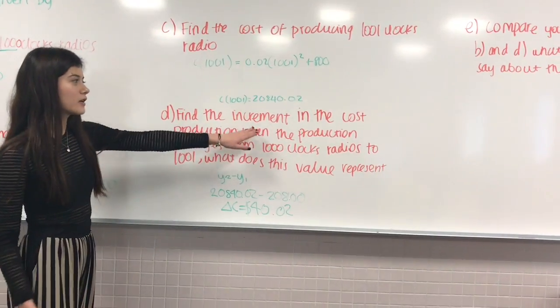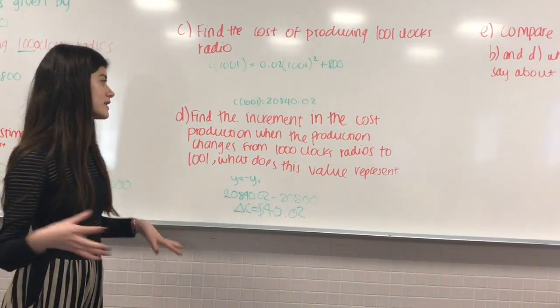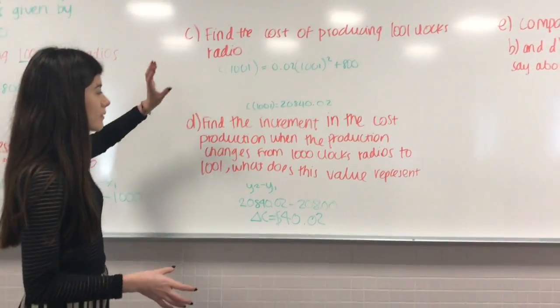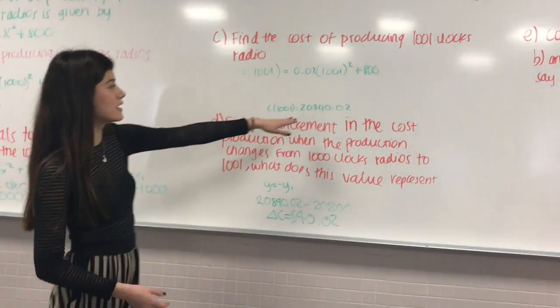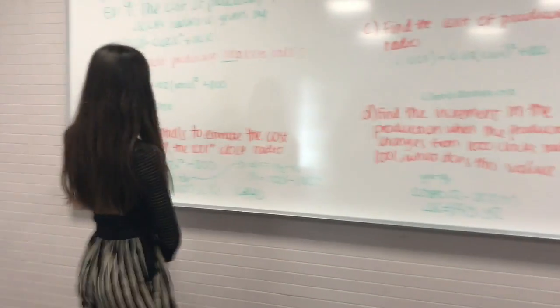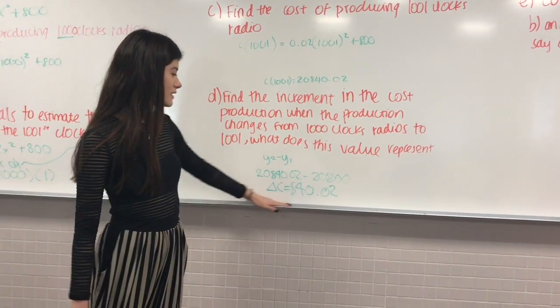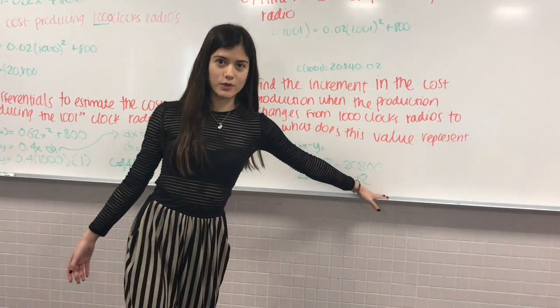Now we have to find the increment, the real one, how much it will really cost. So we grab the real values, 2,840.02 and 2,800, and we subtract them both, and we have the change of 40.02.